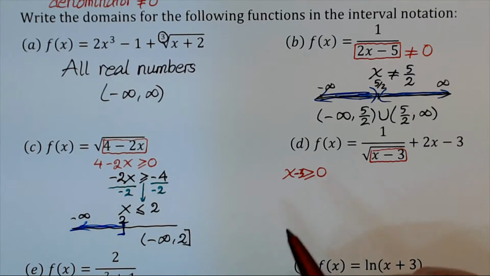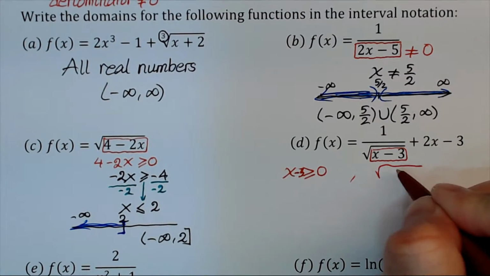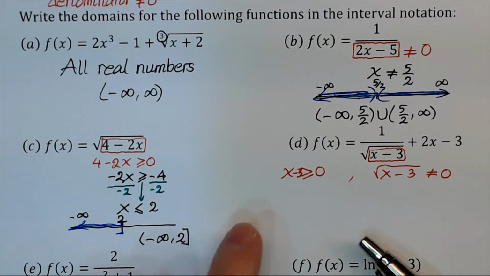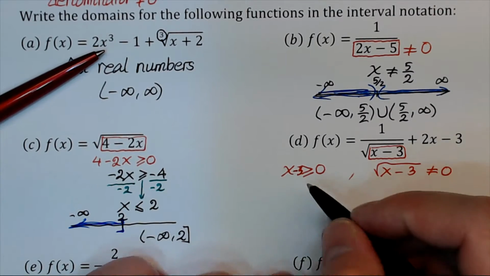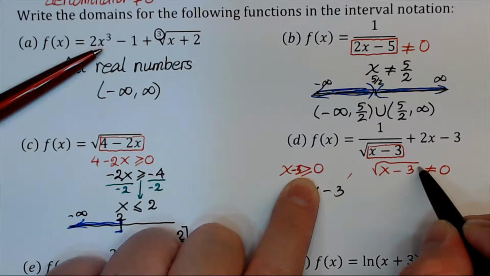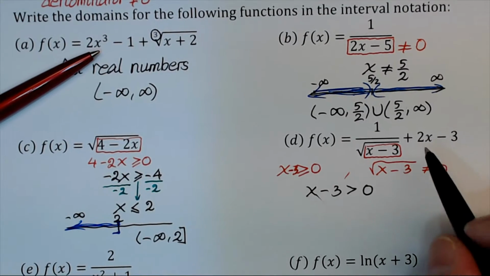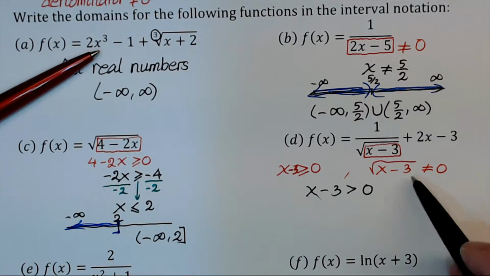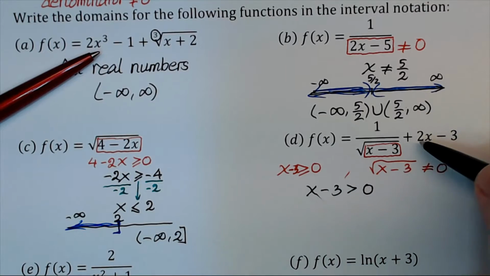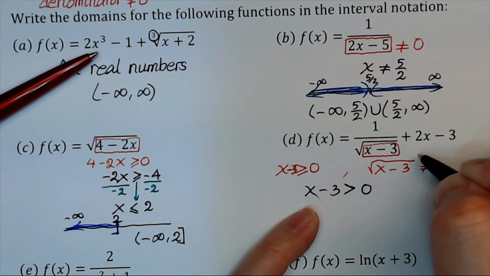And the second one is the whole square root is the denominator, which cannot equal 0. Putting those two together, we have x minus 3 could be equal to, but actually it cannot, so we just have greater than 0. Because if we square both sides, we have x minus 3 not equal to 0. We cannot have the equal sign here because it is the denominator. So it is just greater than, cannot be equal to.